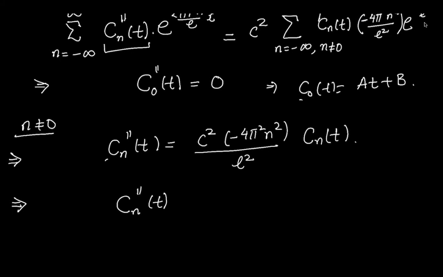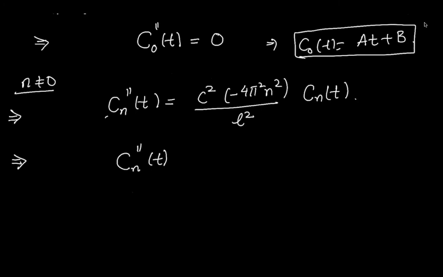No, that's also correct. So it will be of this form. But here I will get c_n double prime of t equal to minus 4 c squared pi squared n squared divided by L squared times c_n(t).